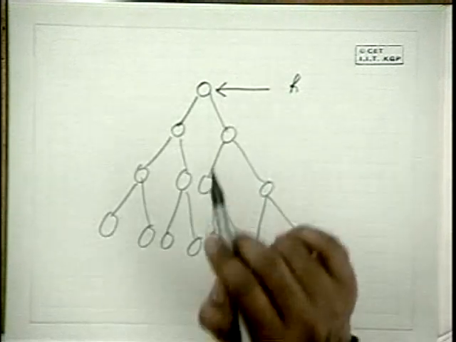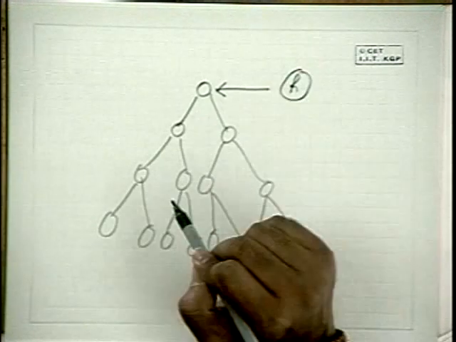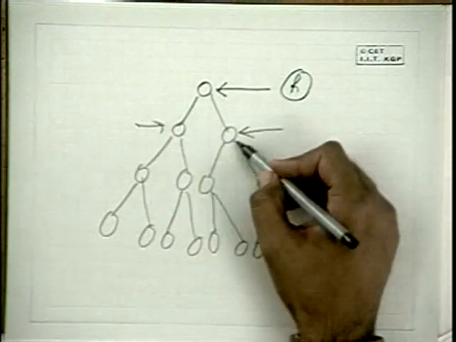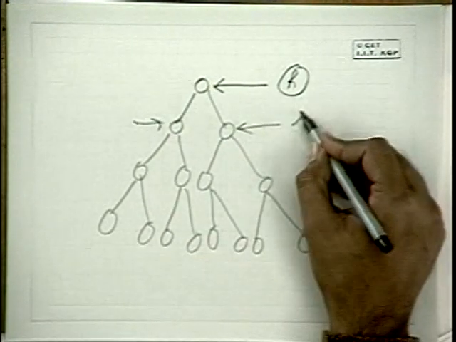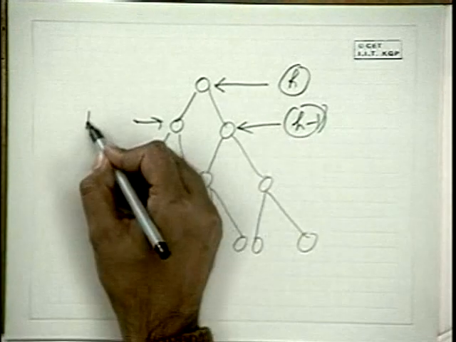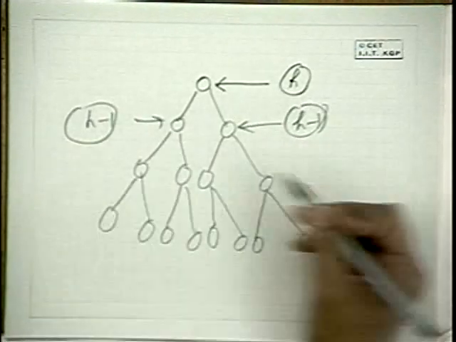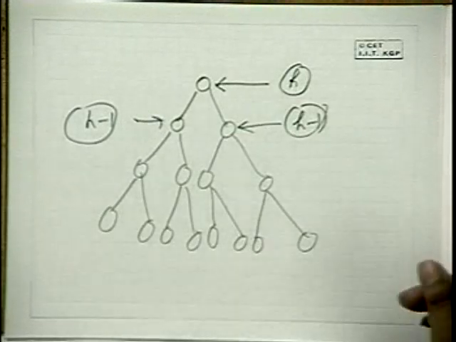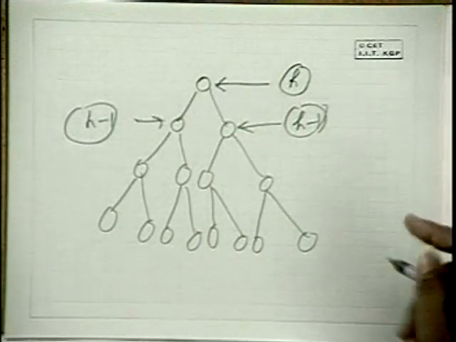When we put this node and this node, the height was h minus 1, and this is also h minus 1. So we had two nodes which had to go through h minus 1. What about this level?